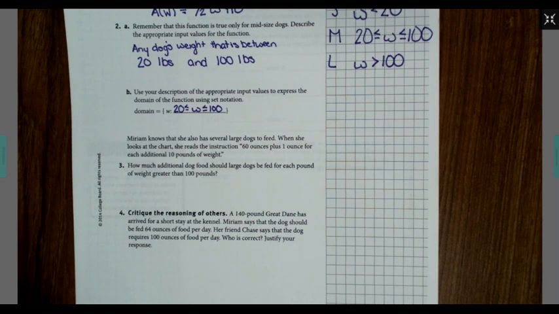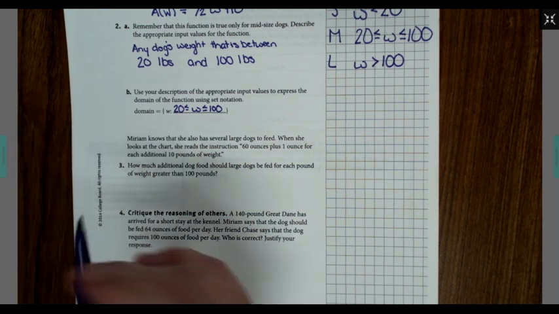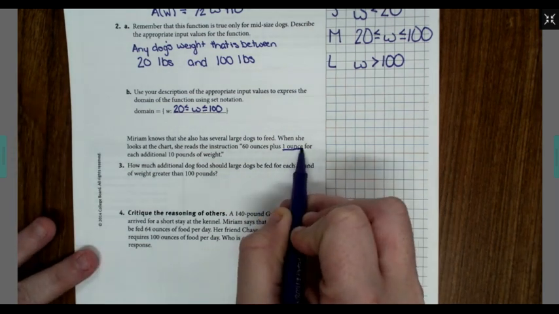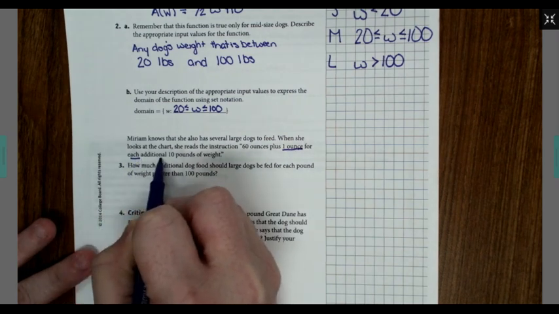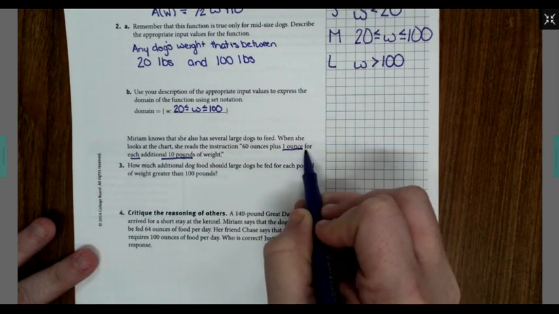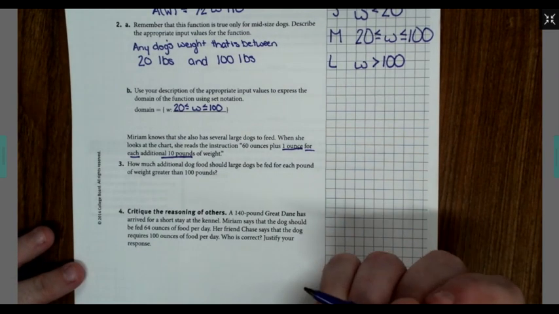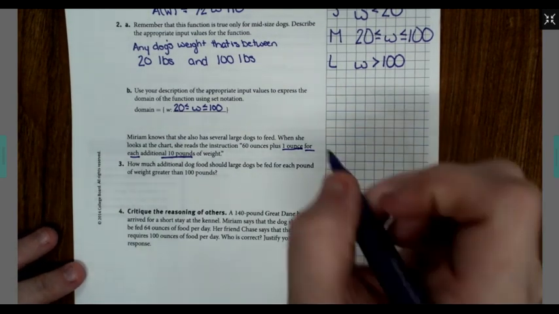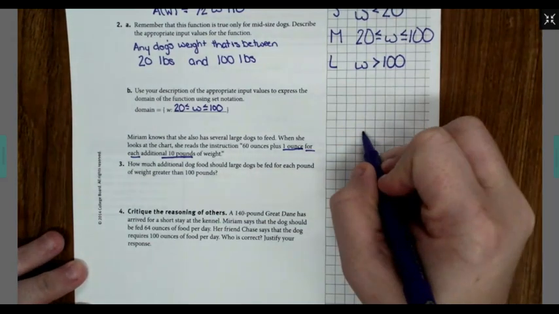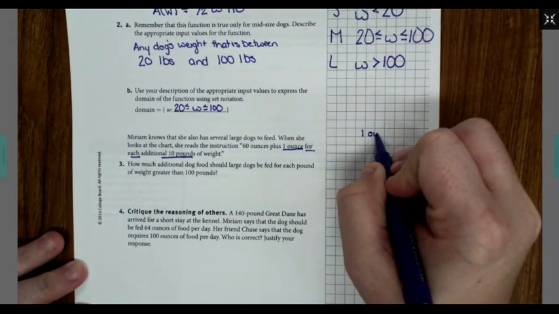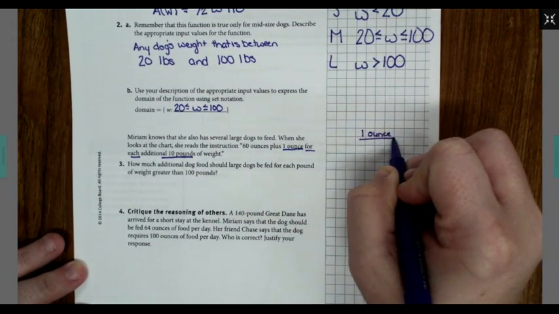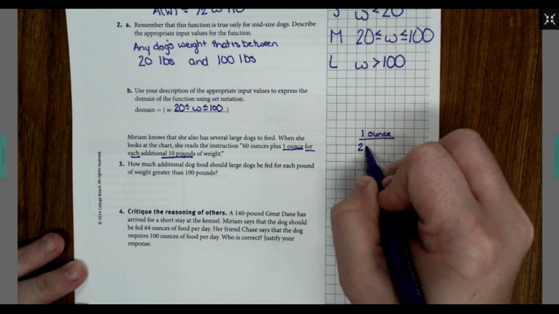So it's 1 ounce for every 10 pounds, right? 1 ounce for each additional 10 pounds. Okay, so remember earlier we had this 1/2, and that was 1 ounce for every 2 pounds, basically.